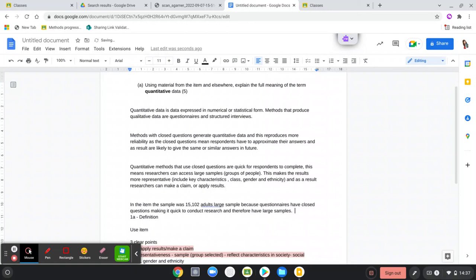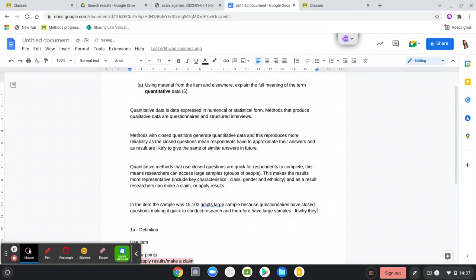So in the item, I'm taking the bit that's linked to the 15,000. In the item, the sample is 15,000 adults because the questionnaires have closed questions, making it quick to conduct the research and therefore having such large samples.